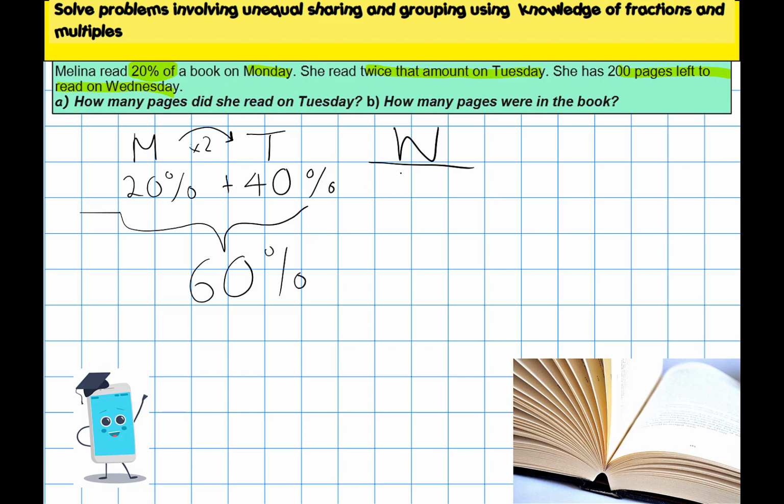So what percentage does she have on Wednesday? And whatever that Wednesday percentage is, equals 200. So when you've figured out the percentage that she has left on Wednesday, you can write that percentage equals 200.